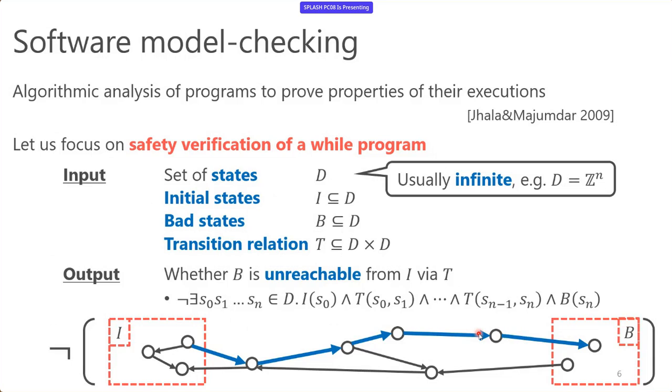The property is illustrated here, which says that there is no sequence of states starting from an initial state I to B. Model checking a program is to prove this property.